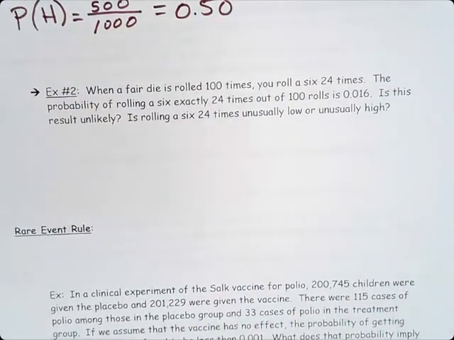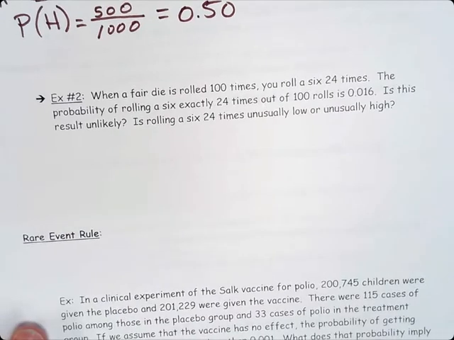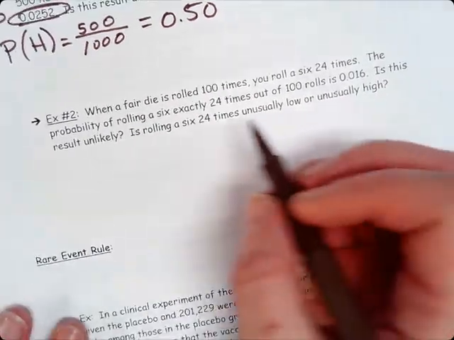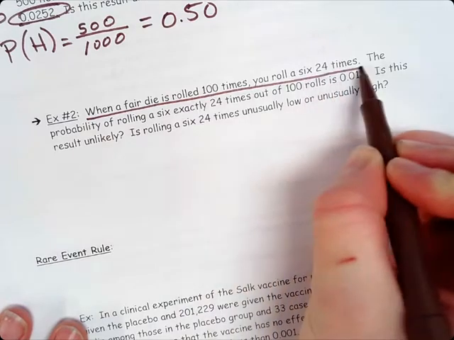All right, example 2. When a fair die is rolled 100 times, you roll a 6 24 times. The probability of rolling a 6 exactly 24 times out of 100 rolls is 0.016. Is this result unlikely? Is rolling a 6 24 times unusually low or unusually high? All right, so this would be the experimental.